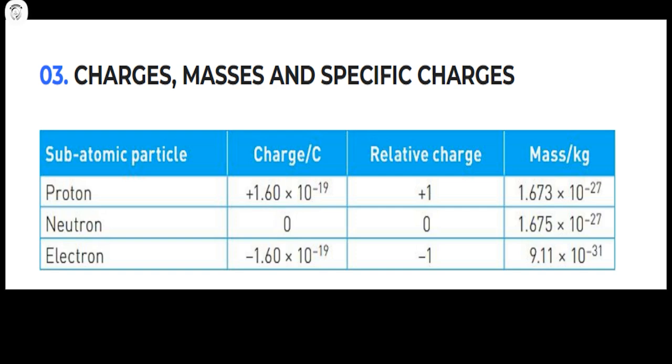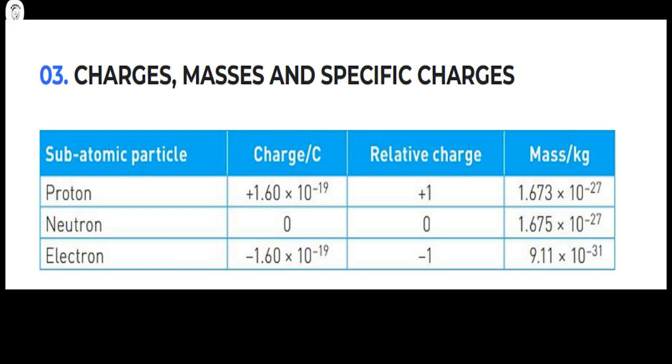Then let's talk about the masses of these subatomic particles. The proton has 1.6 times 10 raised to power minus 27 kilograms. Neutron has 1.675 times 10 raised to power minus 27. And the electron has 9.11 times 10 raised to power minus 31. You can see from these masses that protons and neutrons are a little bit heavier compared to the electrons.